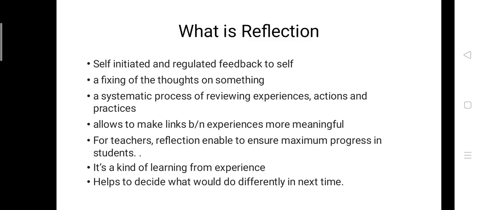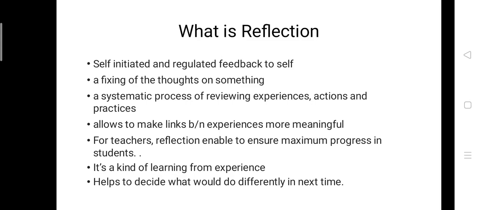It's a literal meaning, a fixing of the thoughts on something. That's the literal meaning of the term reflection. When we are looking at a mirror image of ourselves, our thoughts will be fixed on our image, how I look.